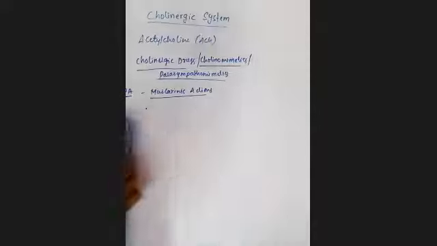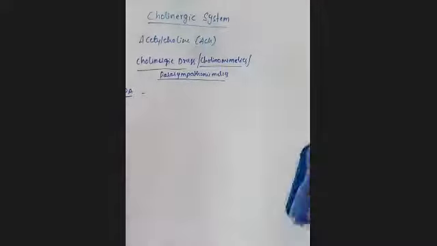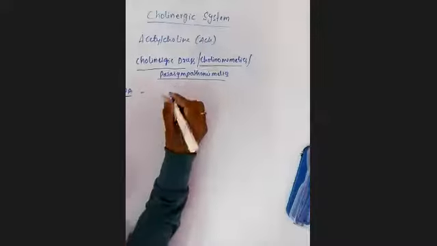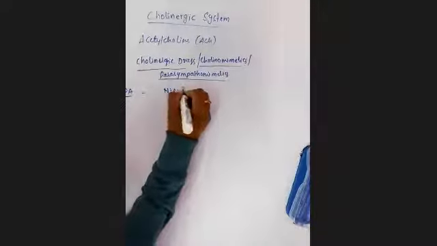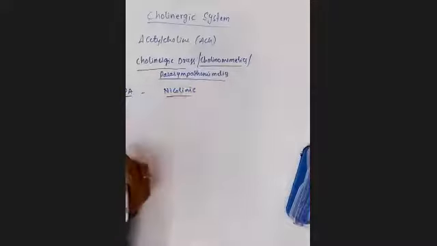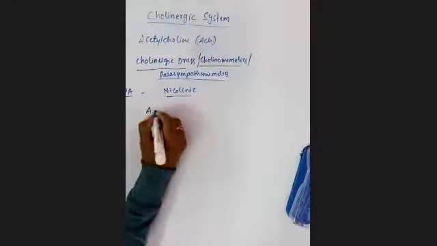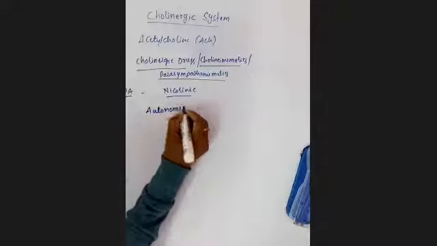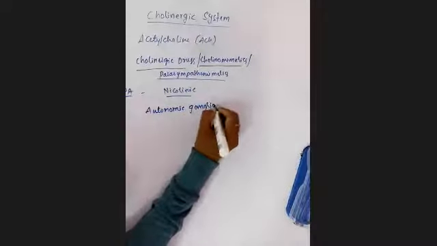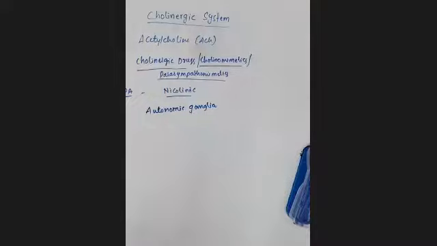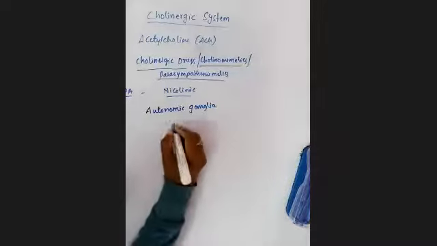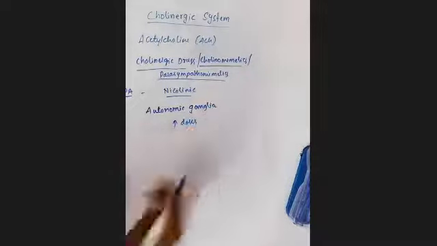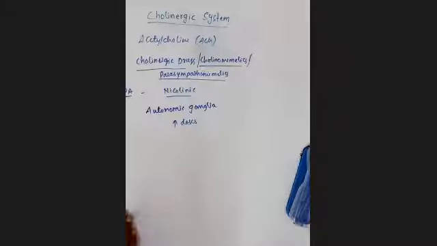Next we'll see about the nicotinic actions. Okay, first about the autonomic ganglia. See here, the sympathetic and the parasympathetic ganglia are both stimulated only in case of higher doses. You remember, both are stimulated in case of higher doses. Clear.